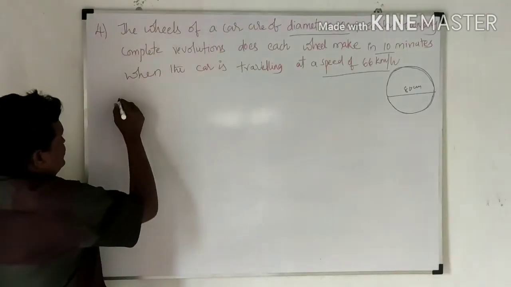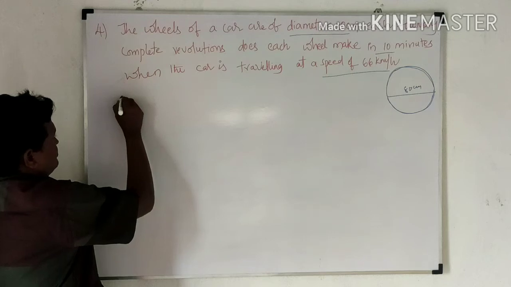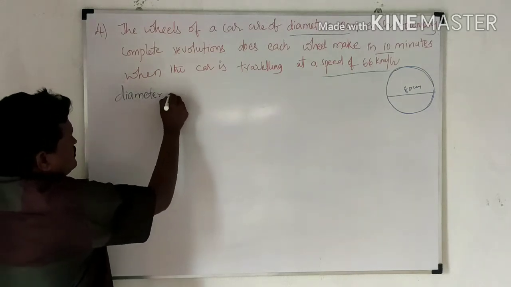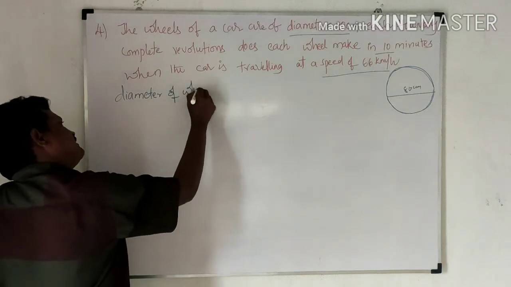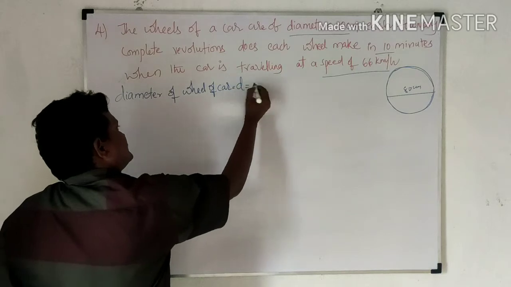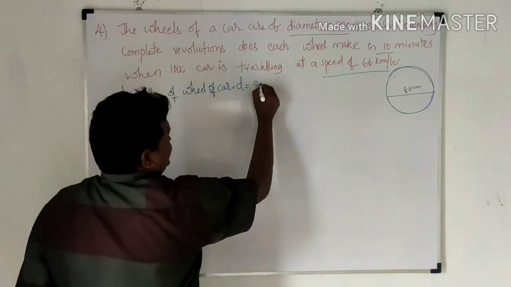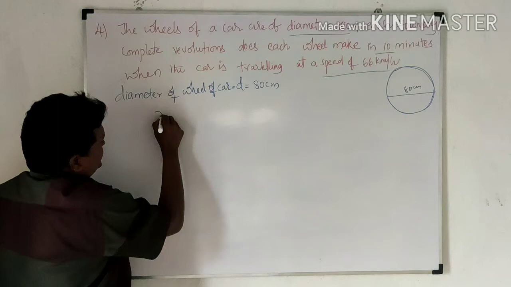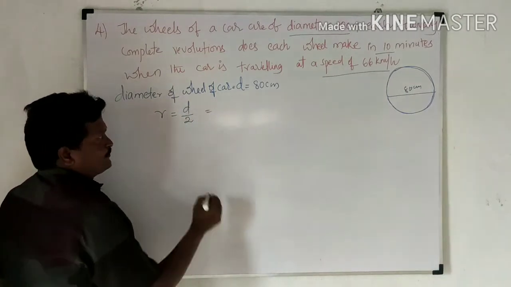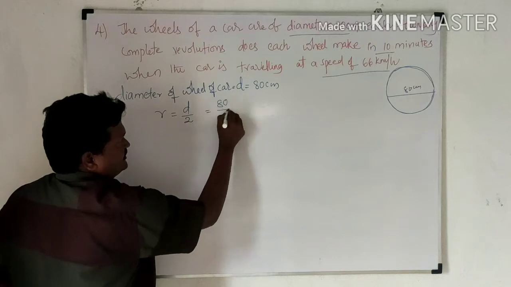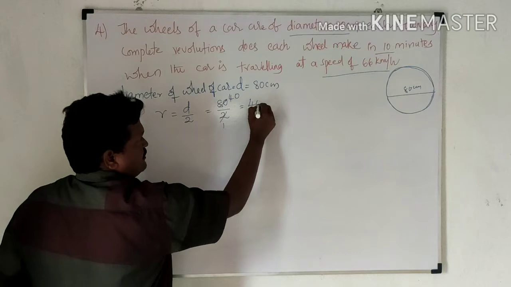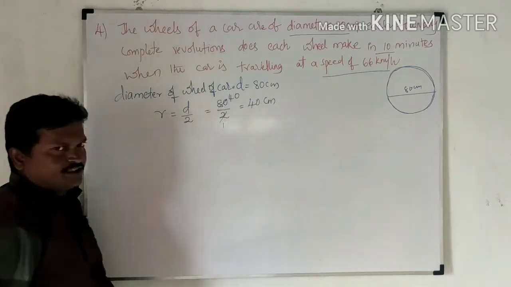First write the diameter of the wheel of the car. Diameter of wheel of car, D, is equal to 80 centimeters. We know that radius is half of the diameter, that is D by 2. D is 80 centimeters by 2, that is 40 centimeters.